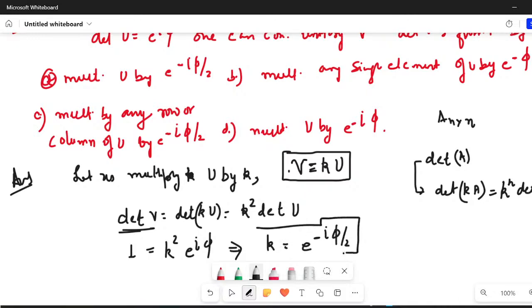So clearly, if I multiply my unitary matrix U by e to the power minus iota 5 by 2, I will get a matrix V whose determinant will be 1, and it also remains unitary. Is that clear or not clear? I guess it is clear.